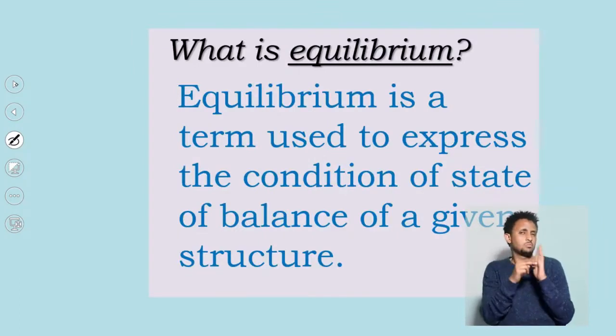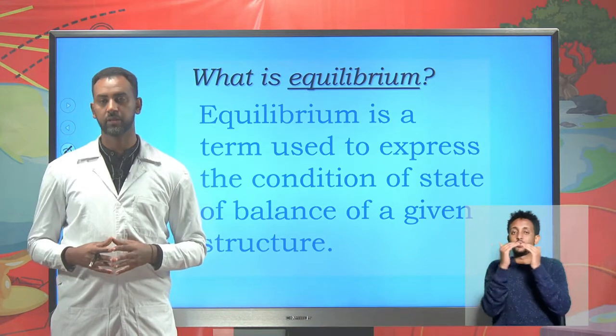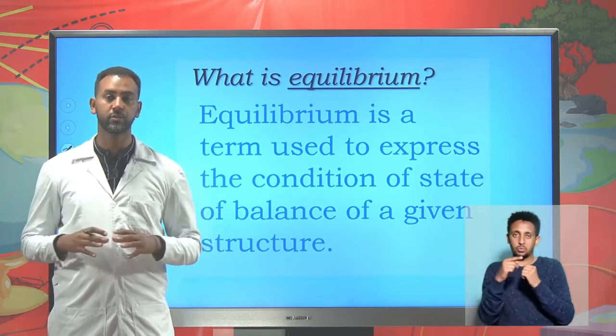What do we mean by equilibrium, or what is equilibrium? Well, equilibrium in physics is the term which tells us the state of balance of a given structure. There might be a bridge given, and that bridge should be in a state of balance.